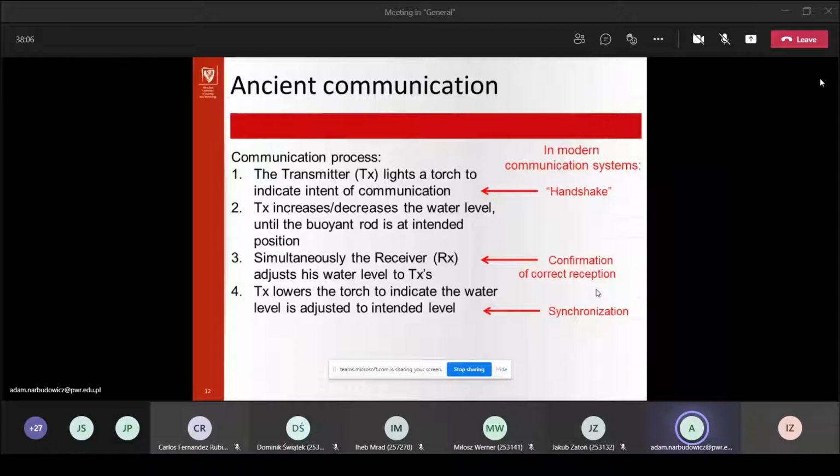Now I can move on to the next messages, right? So basically, this is like a form of confirmation. And then again, when they lower the torch, again, this is synchronization, right? To say, okay, this is our fixed state. This is the thing we want to communicate. And again, synchronization is also very important in modern communication systems, right?